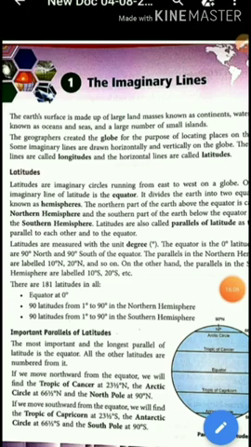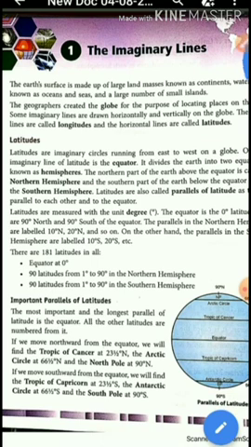So in short, we will go over all the topics which I discussed. First of all, imaginary lines are the lines which are not present on the surface of the earth, but we only imagine those lines. Now latitudes. Latitudes are imaginary circles running from east to west on a globe.